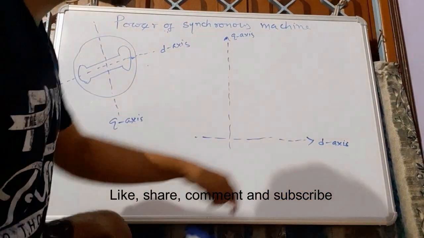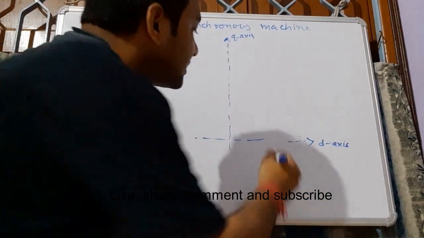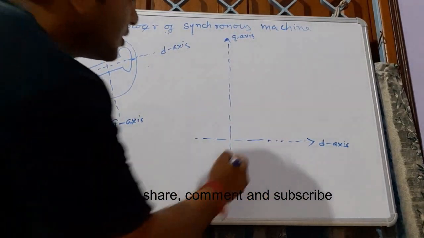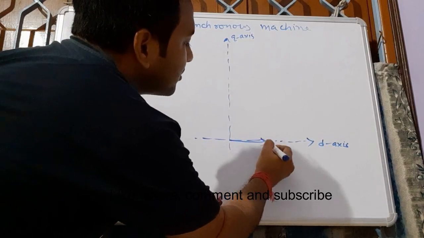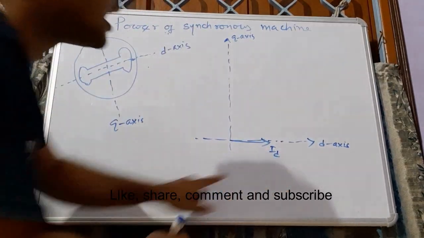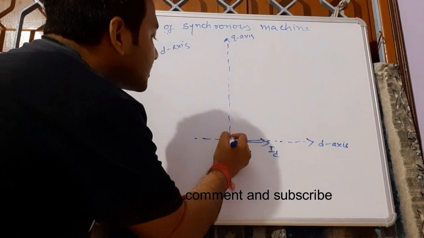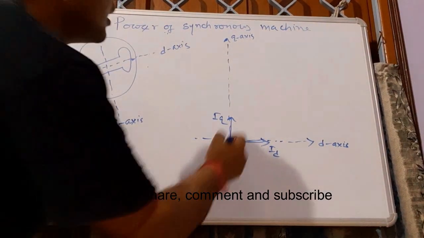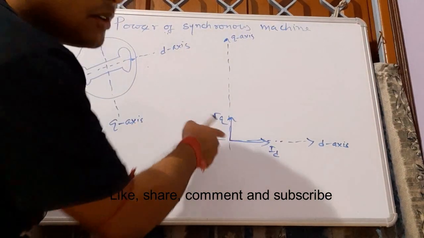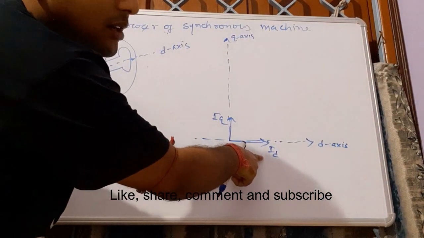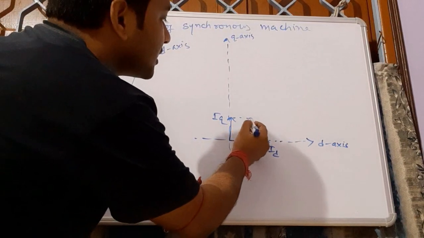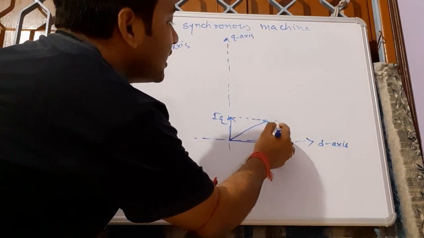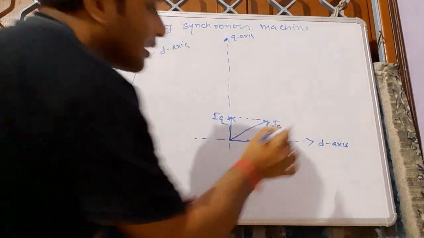So the direct axis current is in the phase of D axis. The direct axis current can be considered like this, ID, and the quadrature axis current will be this. Now the resultant of these two currents will be the armature current, so this is the armature current IA.